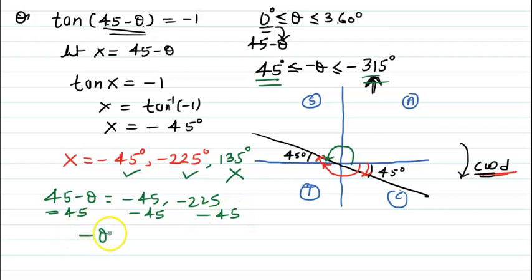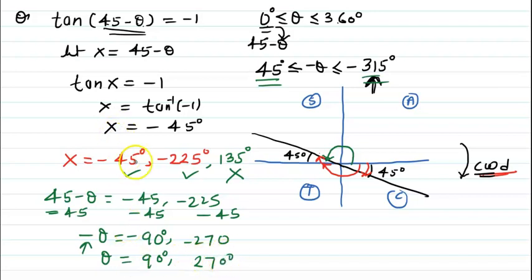That is minus theta, and it is minus 90 degrees and minus 270 degrees. Now theta is negative, so times by minus 1 both sides. So theta equals 90 degrees and here 270 degrees. The x values are minus 45 and minus 225.